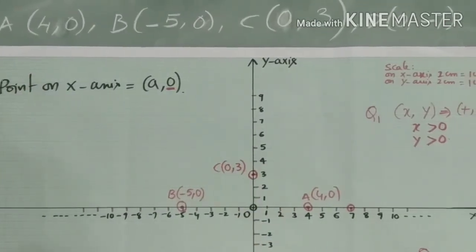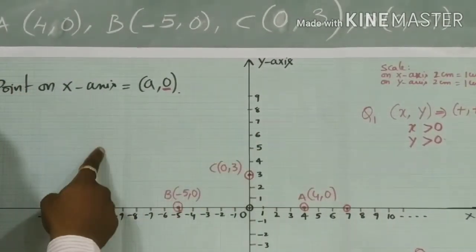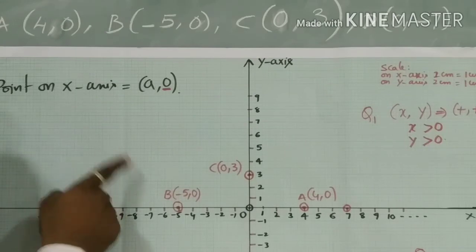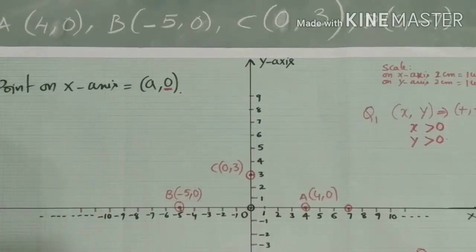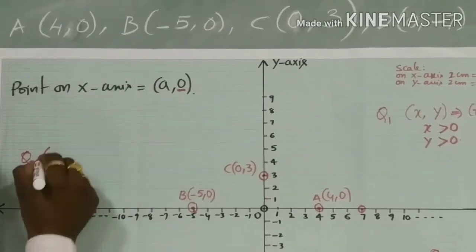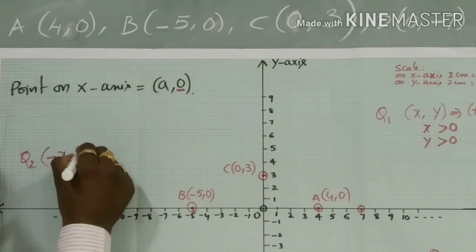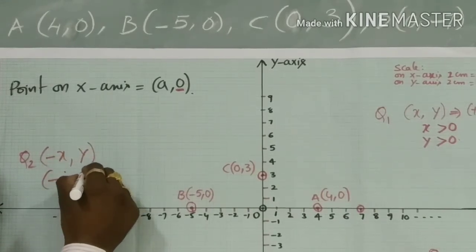Now does this point C belong to Q1 or Q2? No, it never belongs to Q1 and it never belongs to Q2 also, because Q2 is negative x and positive y. That means minus comma positive.